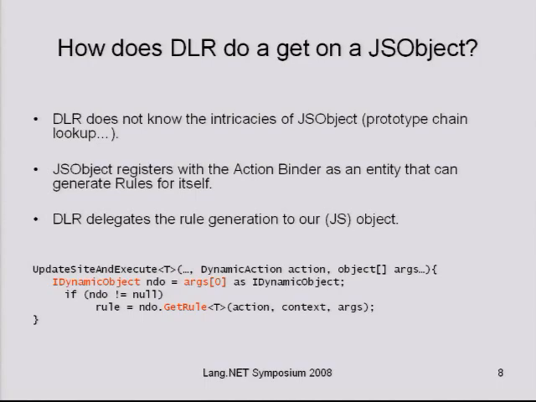So how does it know to delegate to a language specific entity? In our case, it knows because the JS object that we provide registers itself with the DLR, saying that it can support a particular interface which is called IDynamicObject, which indicates that the JS object is capable of generating rules for actions that need to happen on itself.